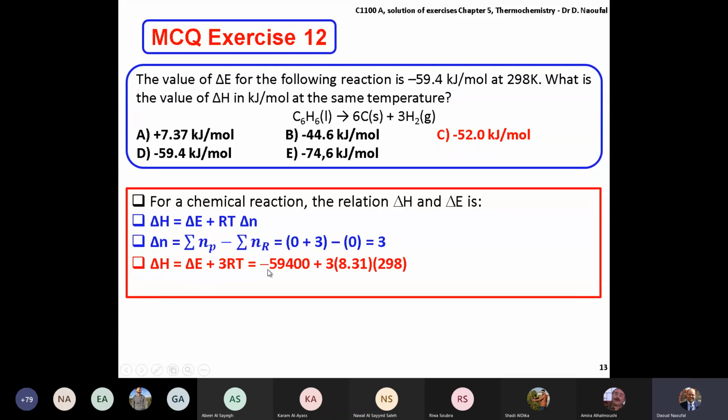So delta E is minus 59.4 times 10 to the power 3 in joules plus 3 times 8.31 times temperature 298.